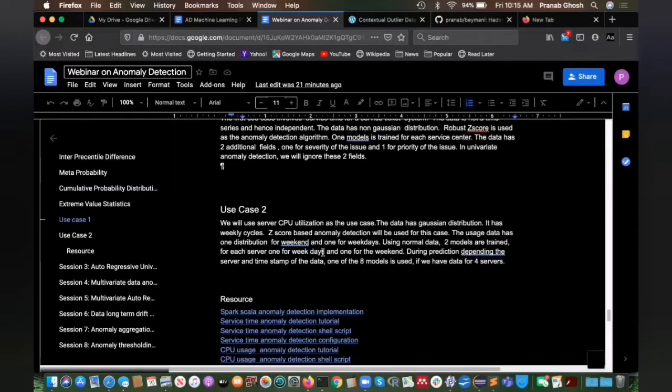When you have very high CPU, it could be for various reasons. It could be some unusual activity. It could even be some cyber attack or some runaway process running. There could be many reasons. So we're not going to look into the root cause or the reason behind it. All we want to do is simply detect any kind of anomalous CPU usage percentage. That's all we are interested in.